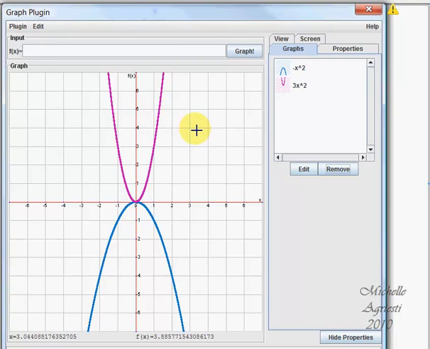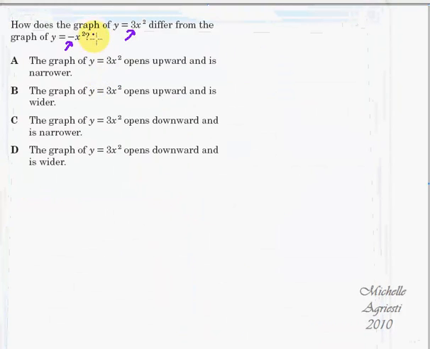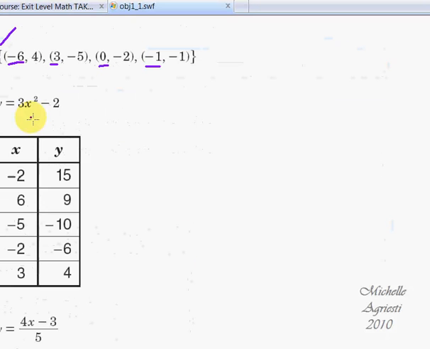So I think I already know the answer to the question, but before we look at these, let me show you another little utility that helps us see.